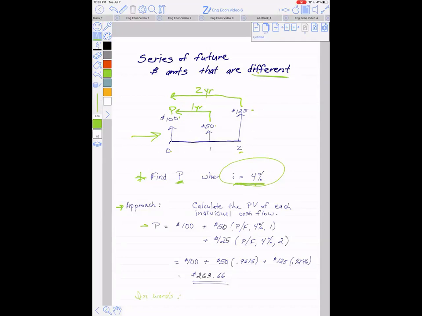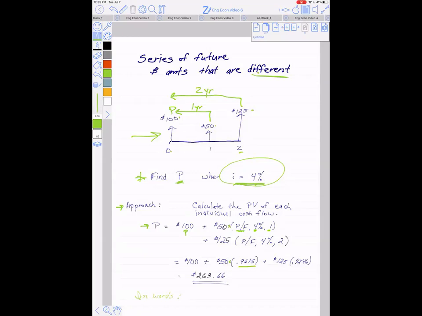So here's our calculation. Present value equals $100, that's already in terms of P, plus $50 times a factor from the 4% interest table, year 1, so 1 row down, in the find P given F column. Find that factor. Here it is, 0.9615. Multiply that by the cash flow payment just in front of it.